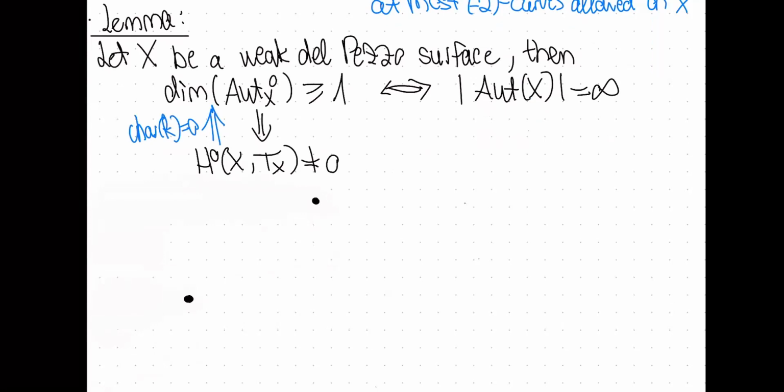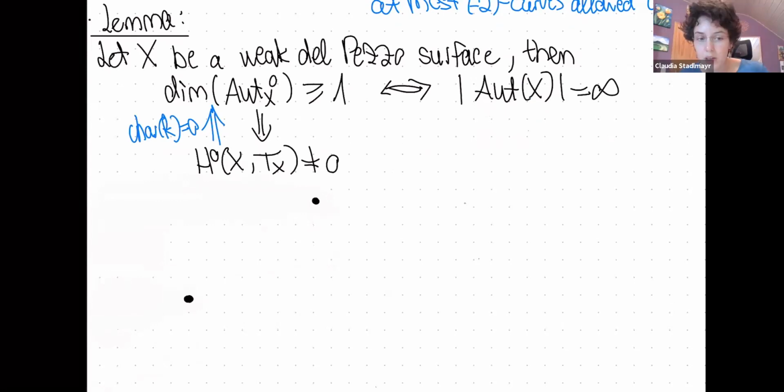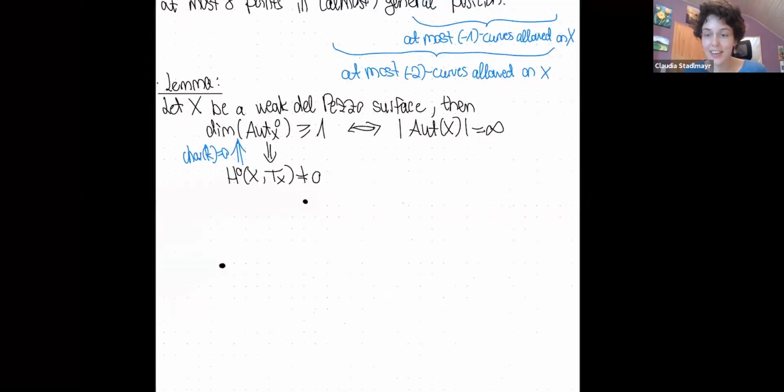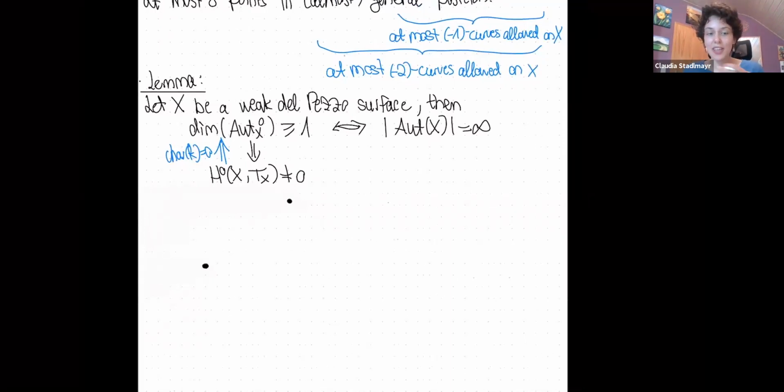Sorry, I thought that in characteristic 0 it's true for any X. Not correct? So what do you mean by for any X? I mean the statement, not just for weak del Pezzo, but for any smooth projective variety. Yes, exactly.